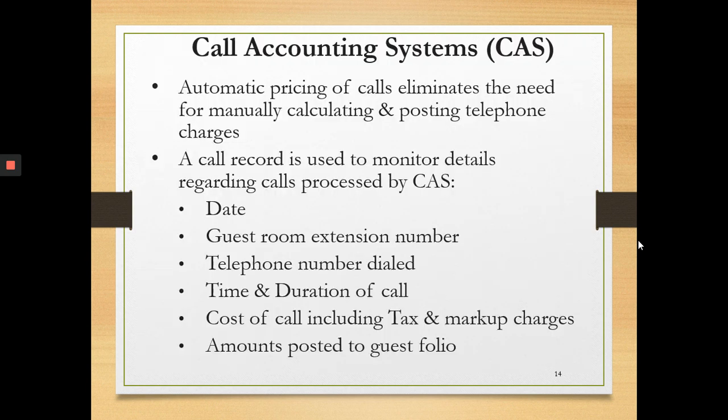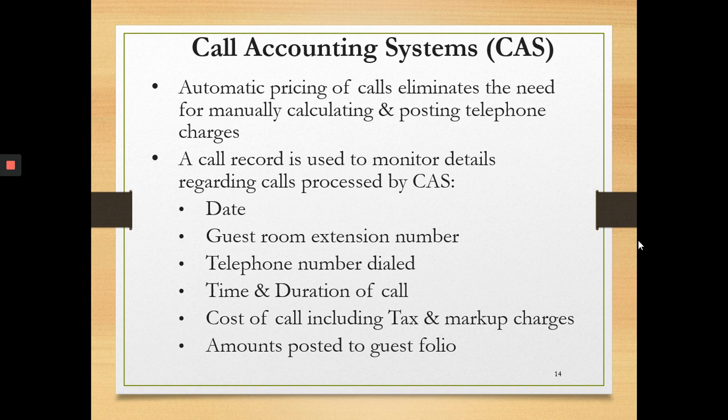Call accounting system. Also, it has automatic pricing of calls, which can eliminate the need for manually calculating and posting telephone charges. A call record is used to monitor details regarding calls processed by CAS. These are the data that can be recorded by having this call accounting system.